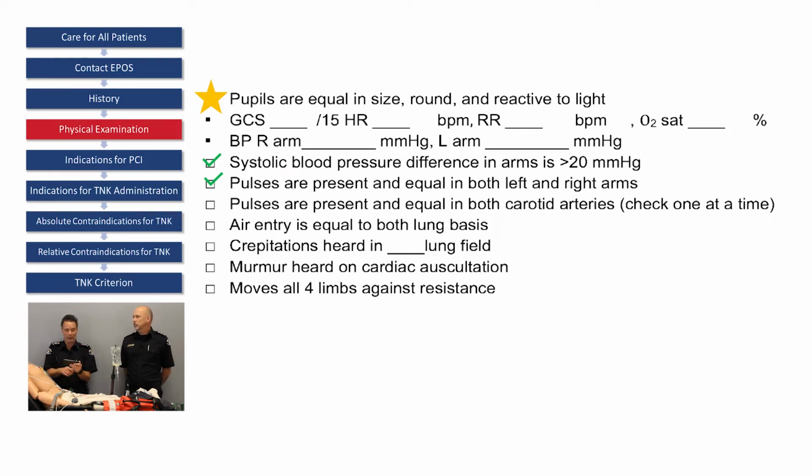We want to make sure that the pulses are present and equal in both the carotid arteries. We're going to listen to the chest to make sure that we have equal air entry in both lung bases. And we're actually looking for crepitus in the lung fields. We're also going to auscultate the heart, and we're looking for possible murmurs there. And we're going to see if the patient can move all 4 limbs against resistance.